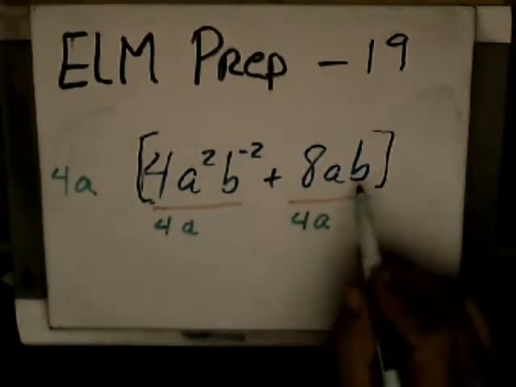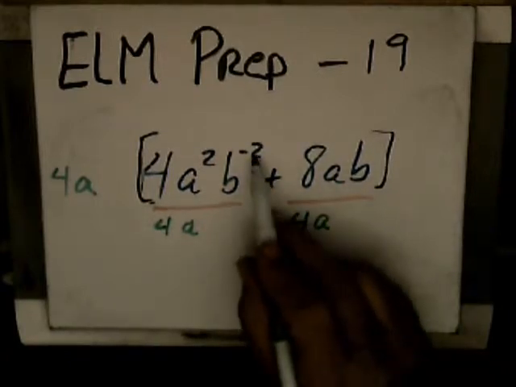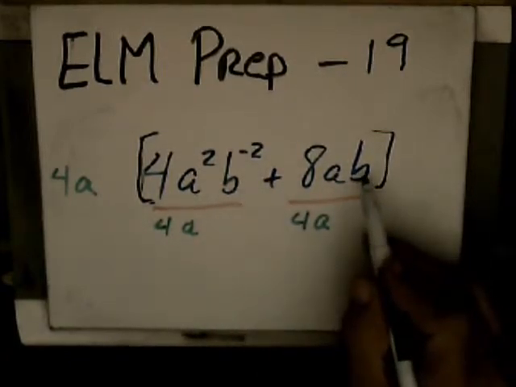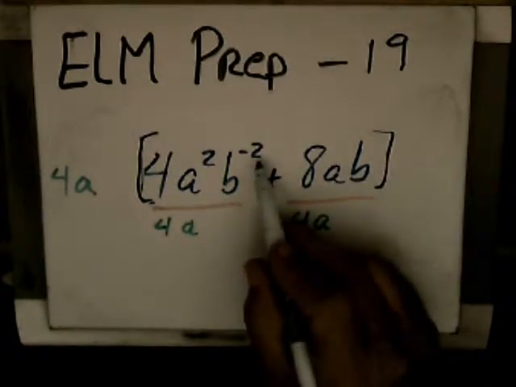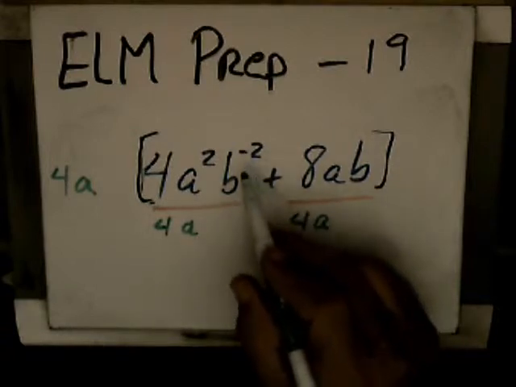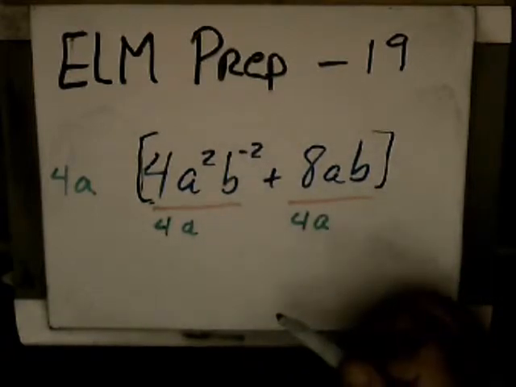Now the b is problematic here because this is a minus and this is a plus. So the question is, this is the lower, but actually this is 1 over b squared.